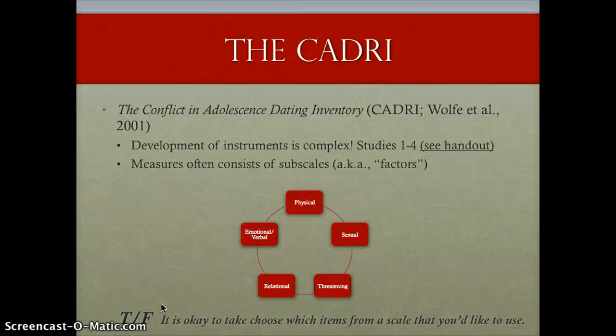Those are each part of relationship quality, which is one scale, and each of these subscales hangs together. Similarly here, as part of teen dating violence, these authors have determined that physical, emotional, sexual, relational, and threatening violence are all part of teen dating violence. However, they each make up subscales.